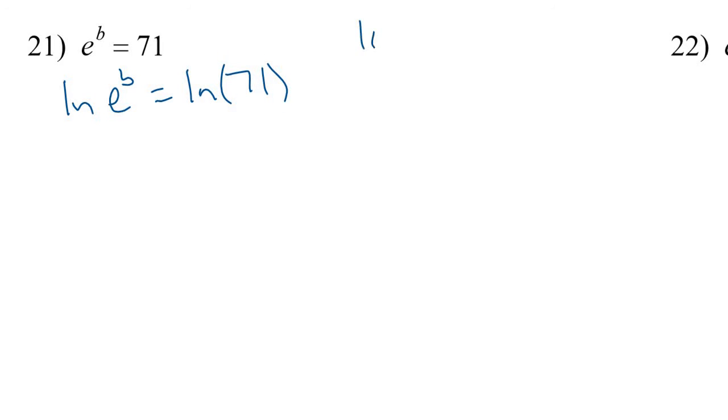You know that natural logarithm is like log base e. That's why we use the natural logarithm to get rid of the e. So the answer is just ln 71. I can use a graphing calculator or a web calculator. Let's use a web calculator.